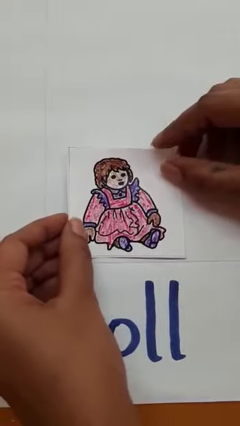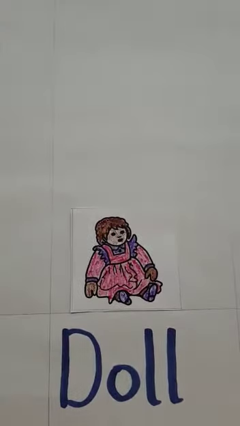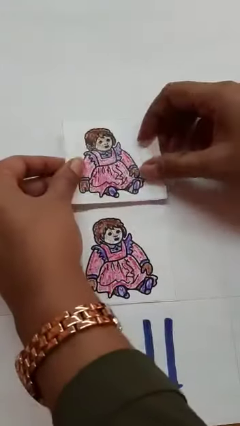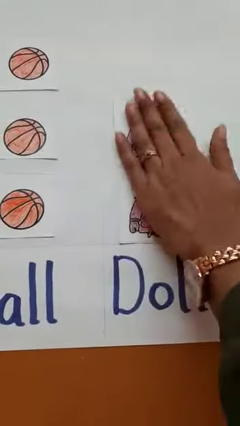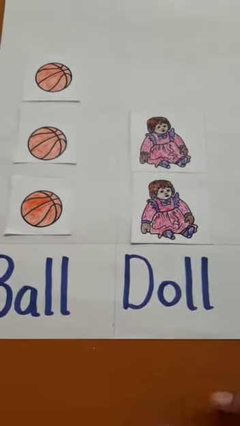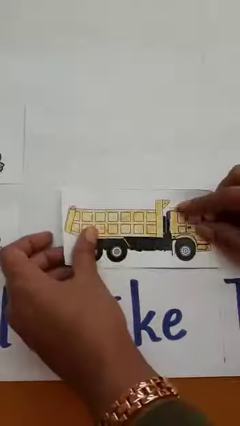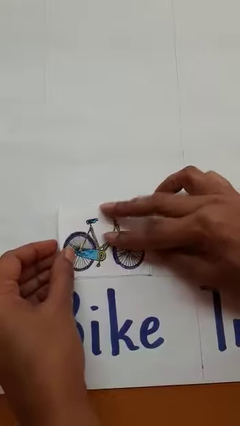Now we are going to put the pictures of the dolls. So I have my dolls here. Again, we are going to make sure it's lined up properly. Let's count. 1, 2. 2 dolls. Now we have the word bike. So will I put this here? No, this is not a bike. So we look for the bikes and we will now put the bikes onto the chart.